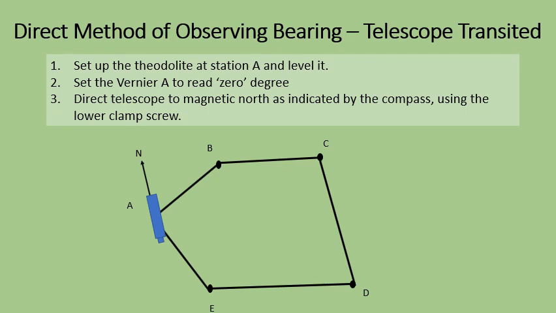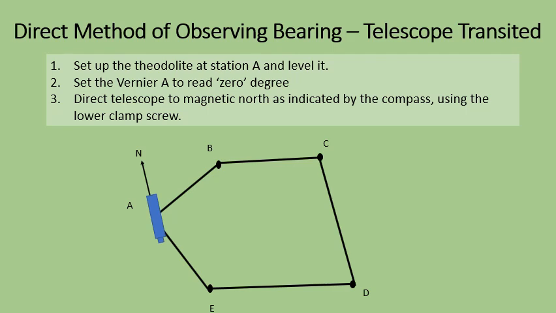Now, as we need to have the bearing, we have a compass along with us, and I have oriented the telescope of the instrument towards the magnetic north. That is done by loosening the lower clamping screw. Now, we want to get the bearing of the line AB.